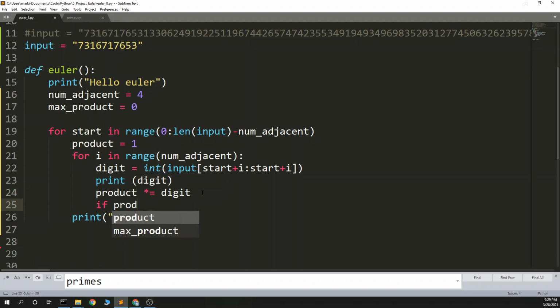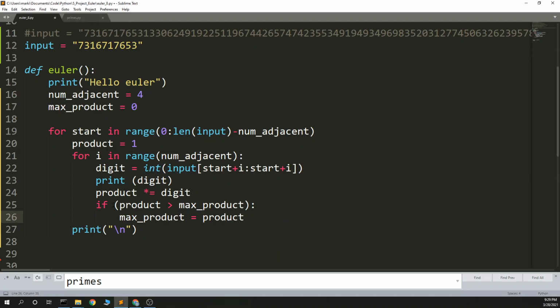If product greater than max product, okay. So will we have an error here because we expect the last digit here printed 3? Yeah, let's just run it.